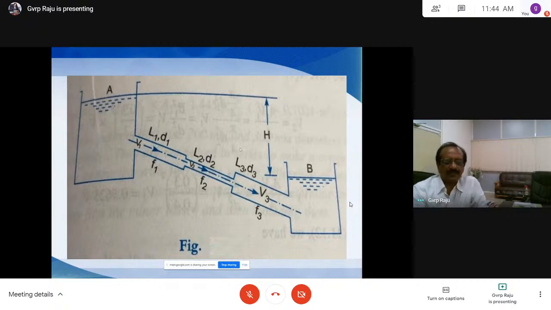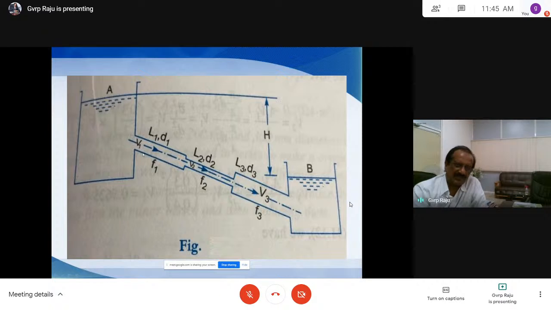So now H is equal to the sum of losses. What are the losses here? The first loss you can see here is the entry loss. Again, along the pipe length, we have friction loss.